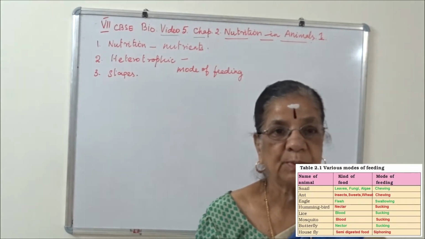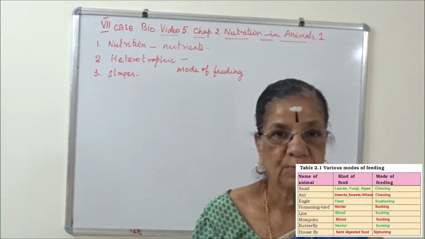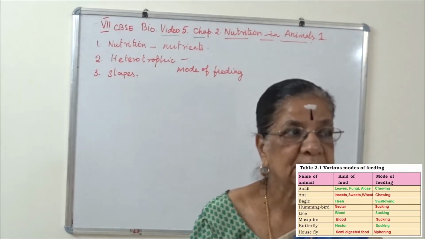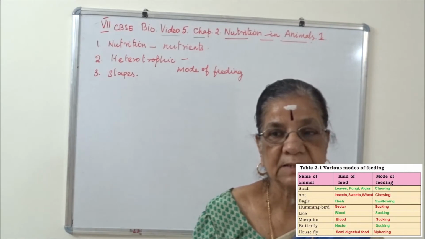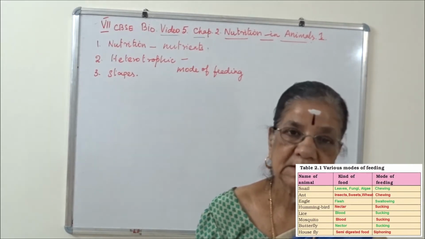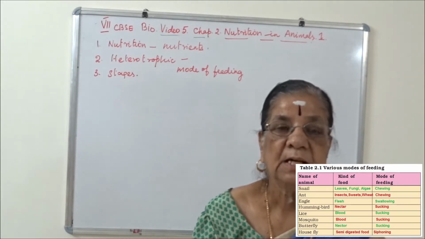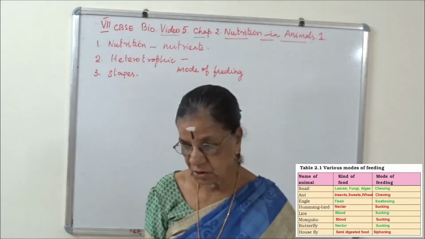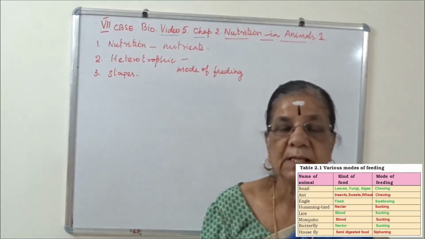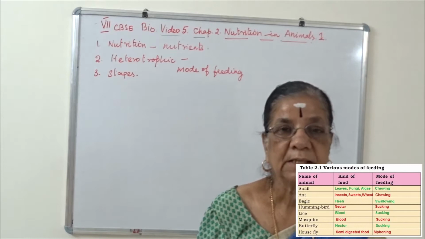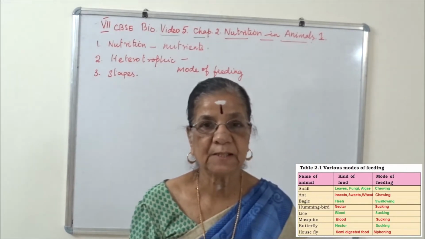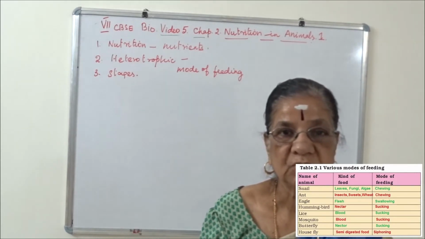So animals and certain plants, such as parasites and saprophytes, are called heterotrophs, and the process is called heterotrophic nutrition. I hope you follow this.